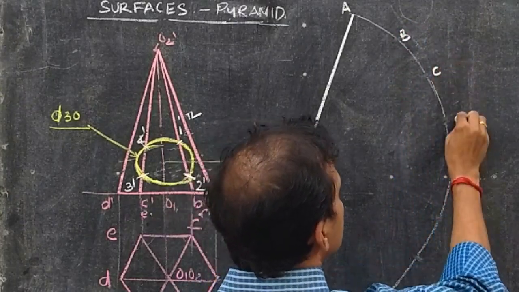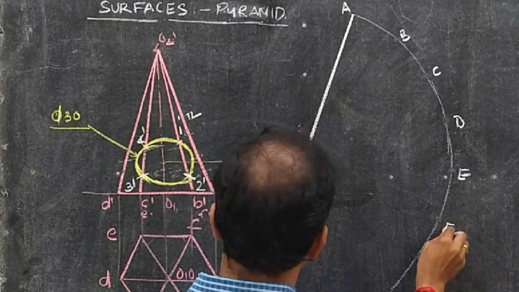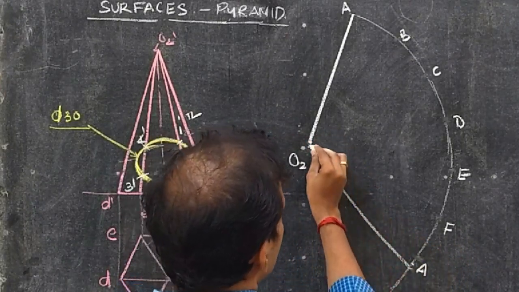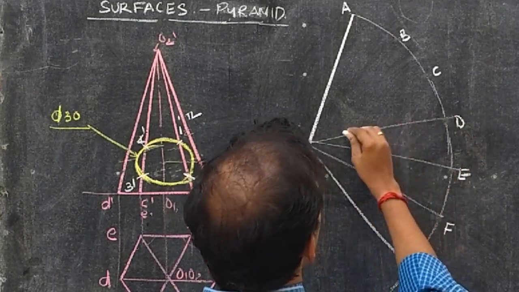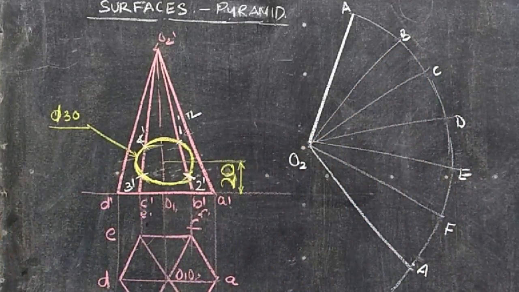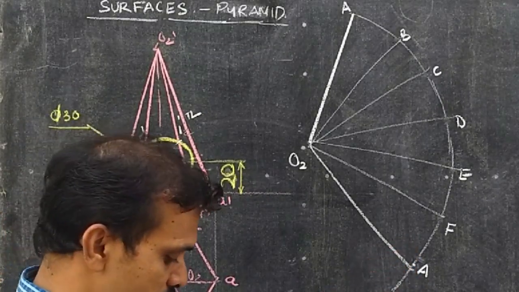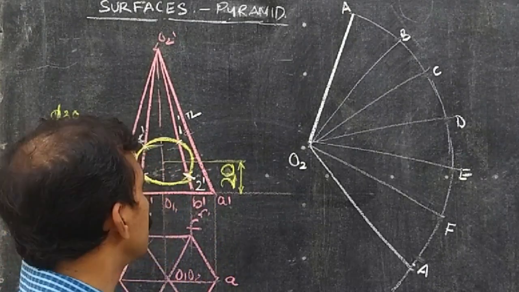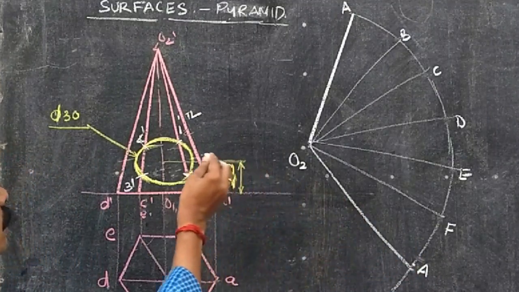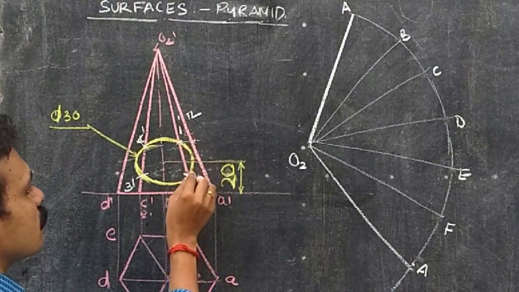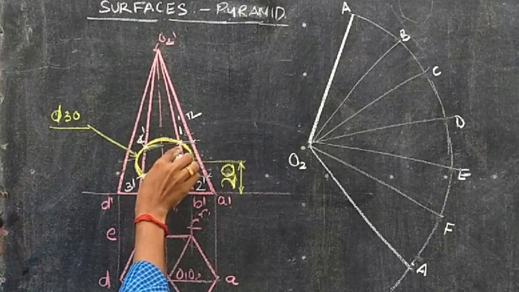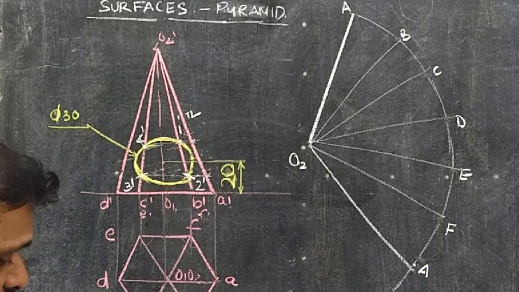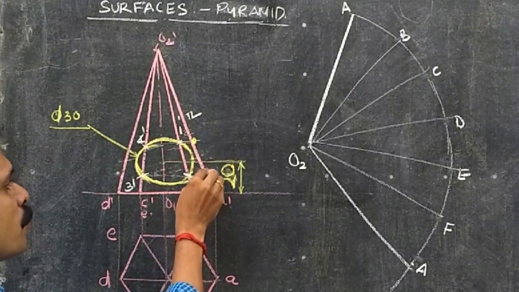So B, C, D, E, F and A. So that has been constructed, and how can we obtain the 4 points 1, 2, 3 and 4 on the development? You know that we transfer this point on the true length line, right? This 4 and 1 will be passing through the same point, this 3 and 2 will be passing through the same point, so that we have obtained these points.